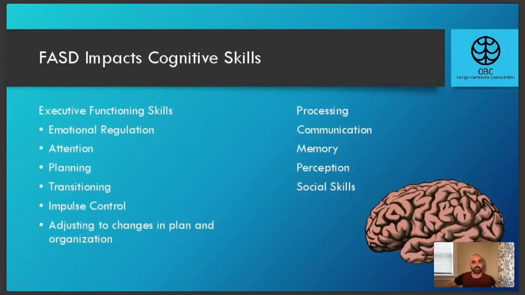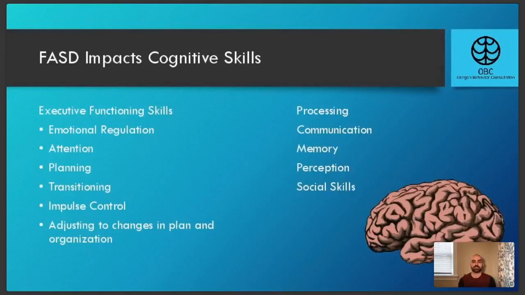FASD can impact executive functioning skills, and we don't have time in this training to go over each skill individually, but that is something that I'm planning on doing in future webinars or trainings. We actually already have an executive functioning training. But our executive functioning skills are the skills found in the very front of our brain, and they help us to consciously control our behavior.